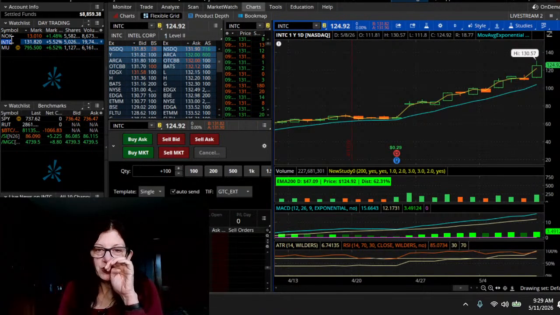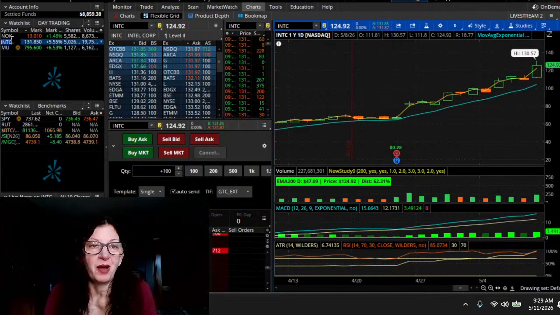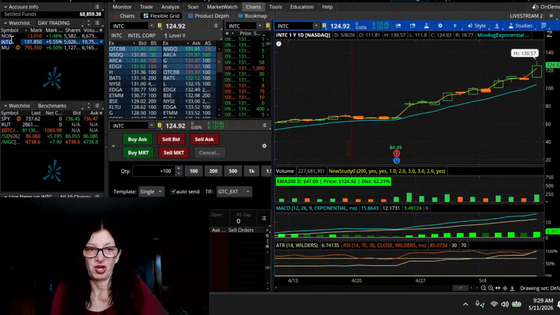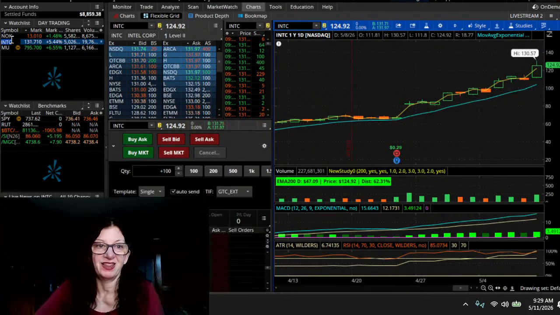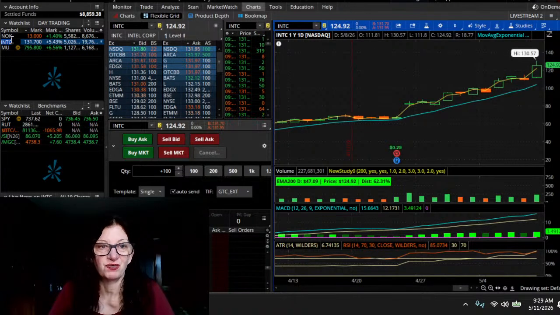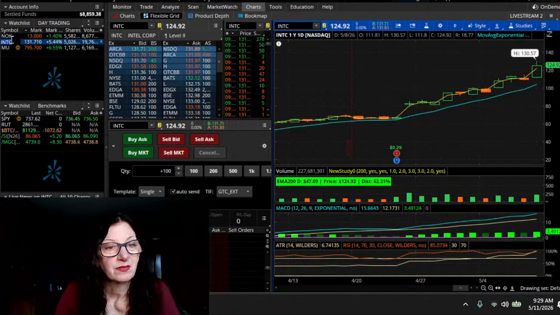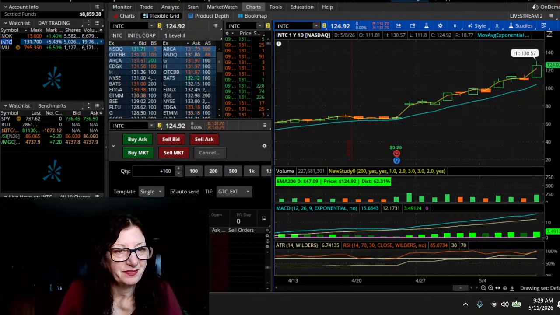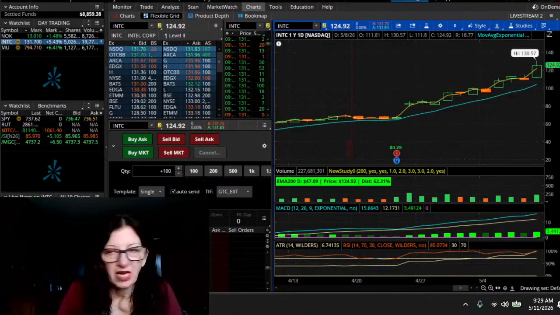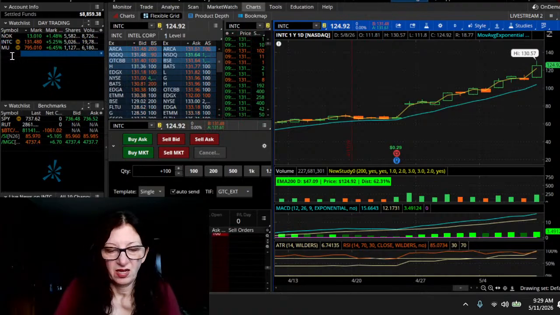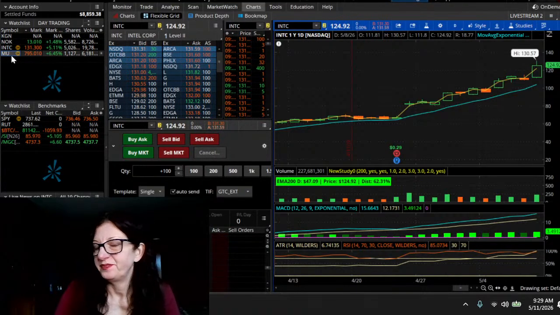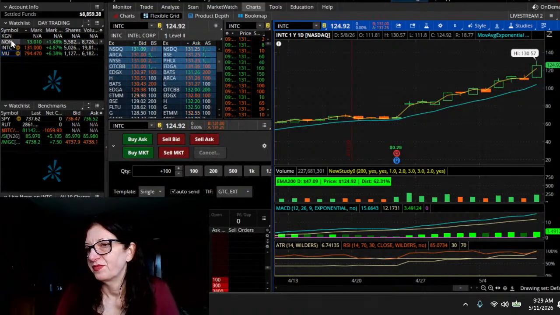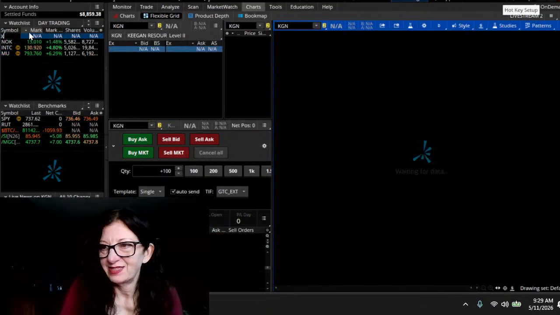So for large caps, if the share prices are higher, I'm going to have to trade fewer shares, okay, to reduce my risk. XGN. I'm just kind of curious about this one. XGN.